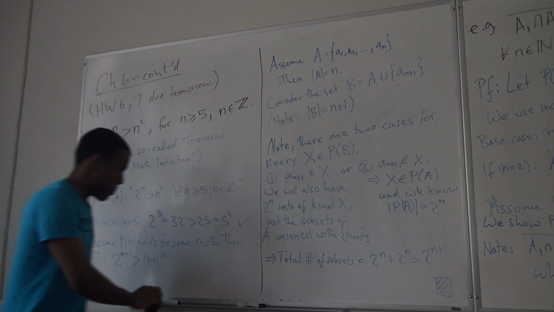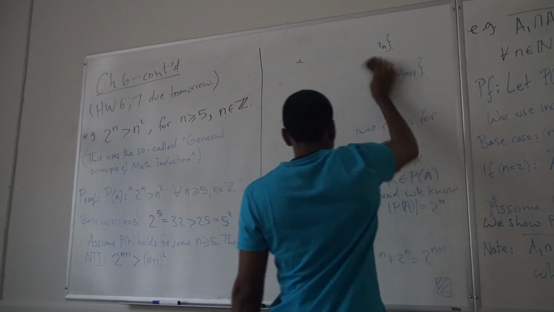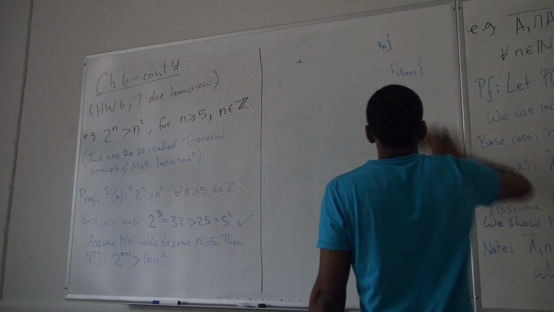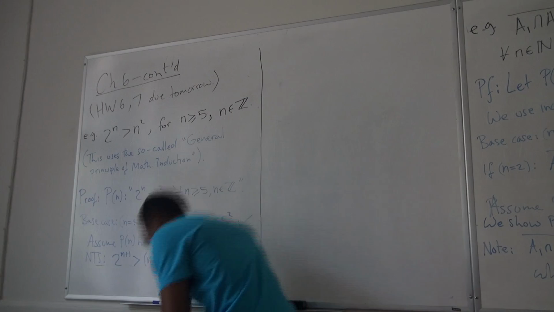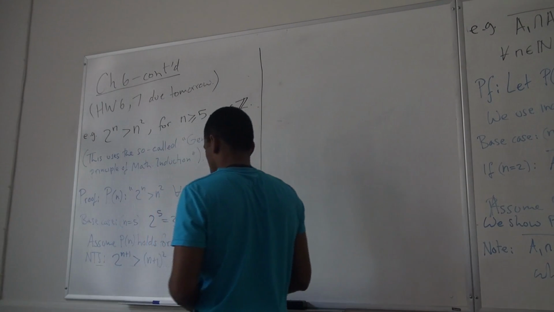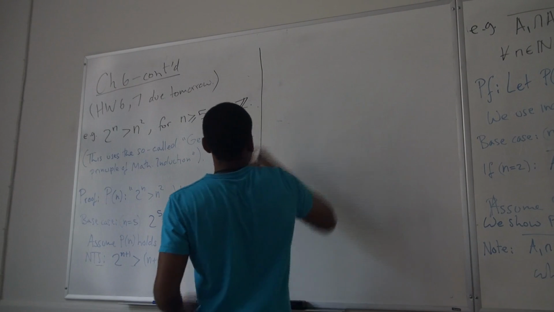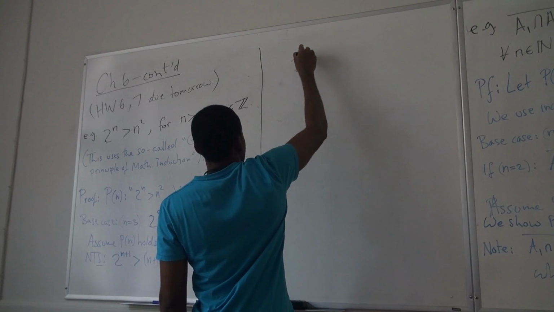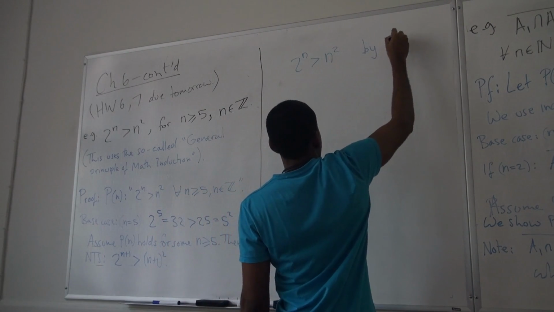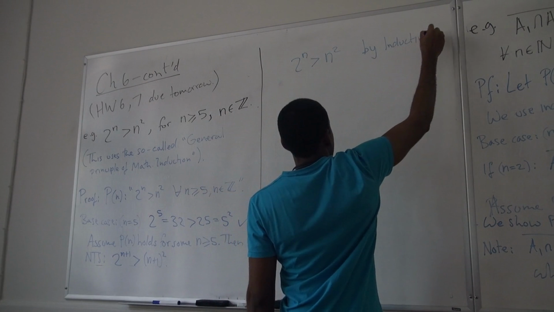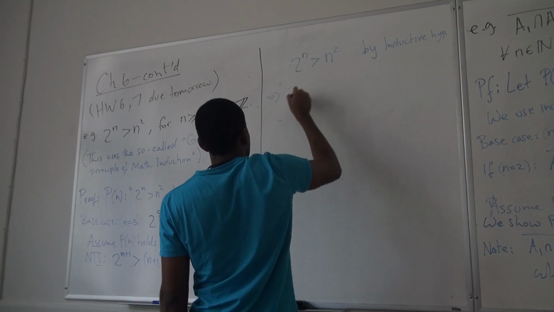Okay, how do we show that? You can start from what you have, 2 to the n is greater than n squared, and then multiply both sides by 2. So, 2 to the n is greater than n squared by the inductive hypothesis. This means you multiply both sides by 2.